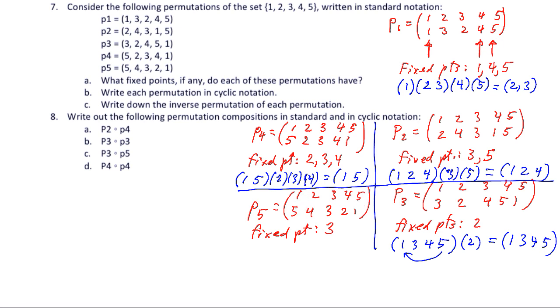So (1 5) is a cycle. And then starting with 2, we're going to go to 4 and then back to 2 again. So (2 4) is a cycle, and 3 is a fixed point. And so this can be written as (1 5)(2 4).